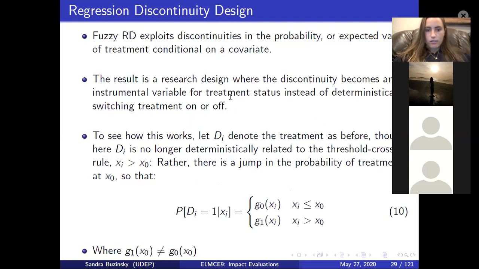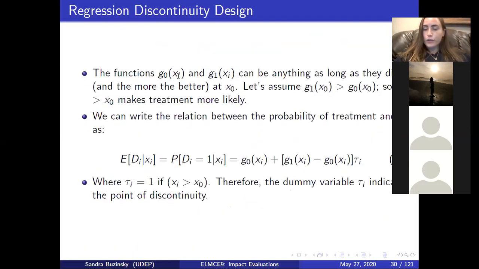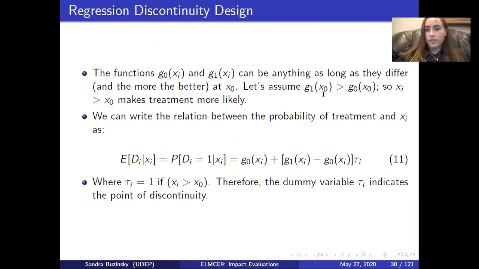Okay, so these two functions, g_0(x_i) and g_1(x_i), can be anything as long as they're different. And the more different, the better, in the sense that there's going to be more of a visible treatment effect. So we do want to see that discontinuous jump. So assume that g_1(x_0) is greater than g_0(x_0) for now.